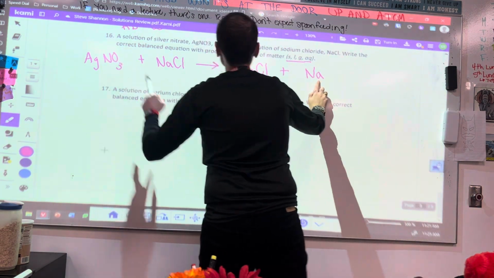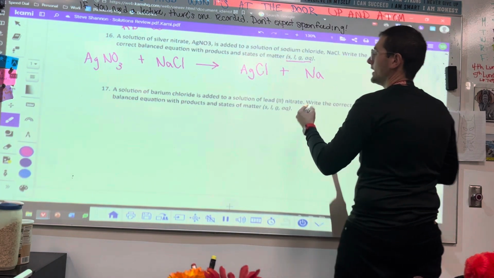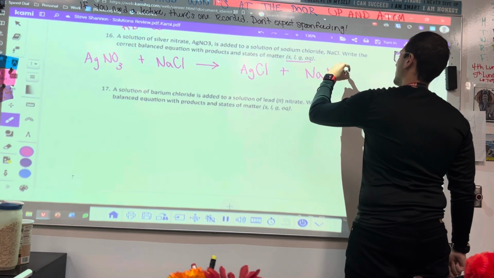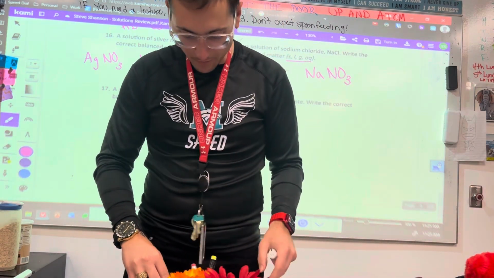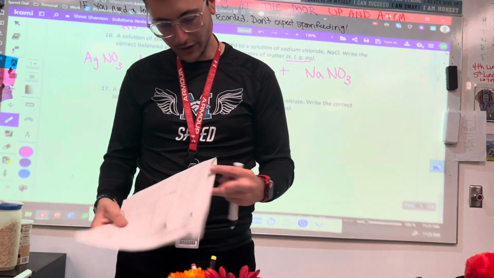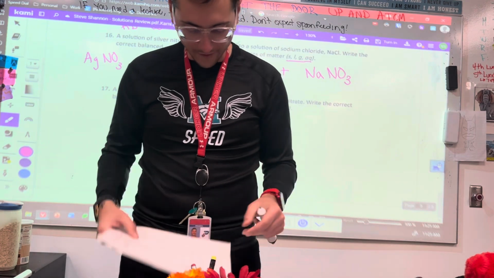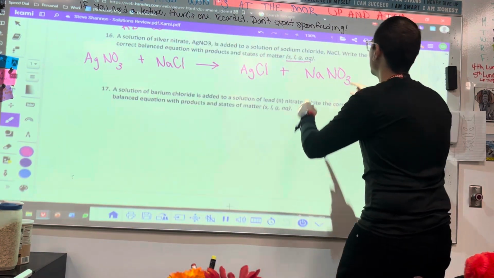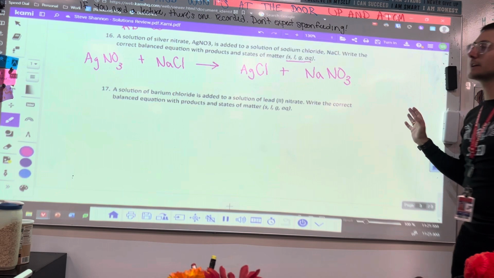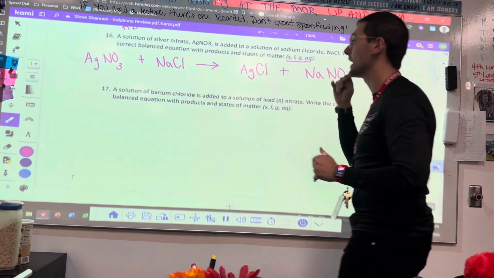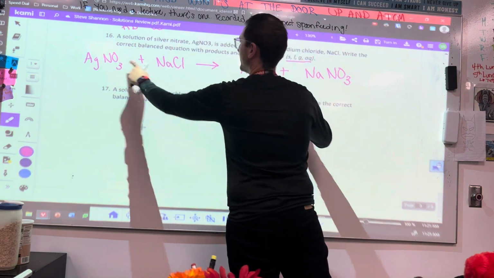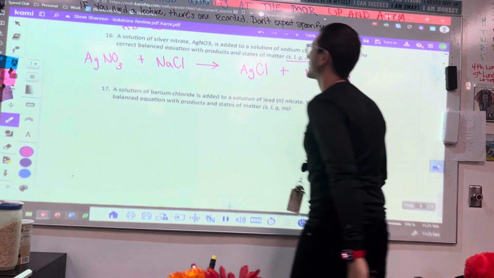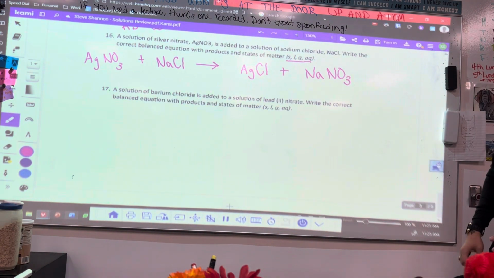The NO3 now needs to come over to the Na. So I have NaNO3. And sodium is a +1 charge, and that's good. And NO3 is a -1 charge, and that's good. So swap and drop, everything cancels, it's fine. All I had to do was switch places, which means everybody's already balanced. And so this is finally balanced.